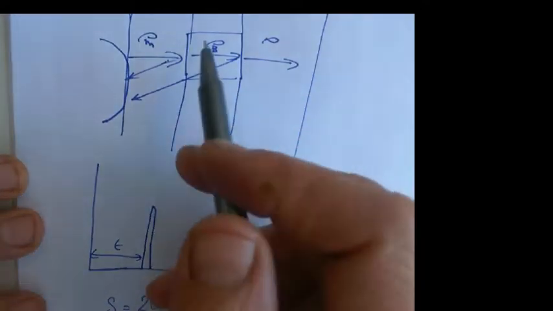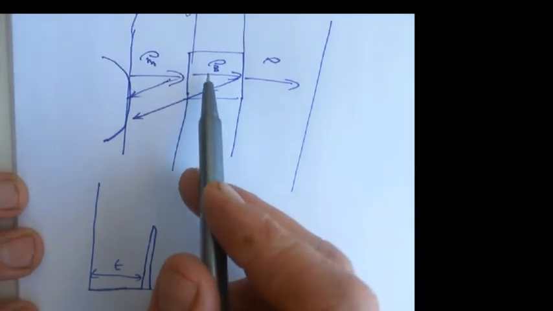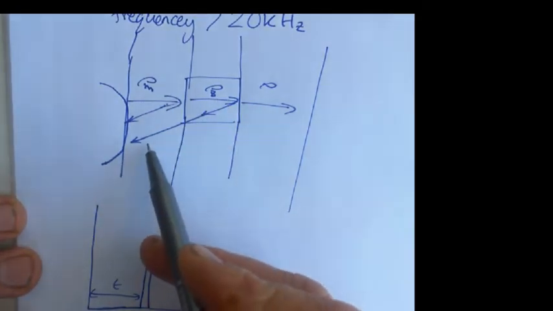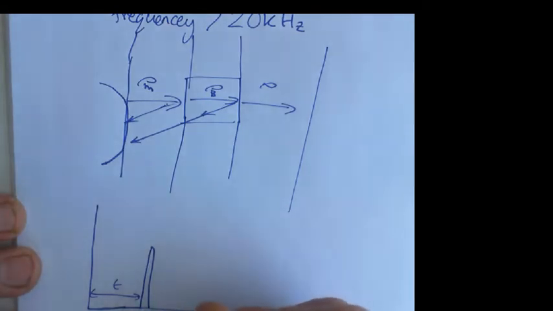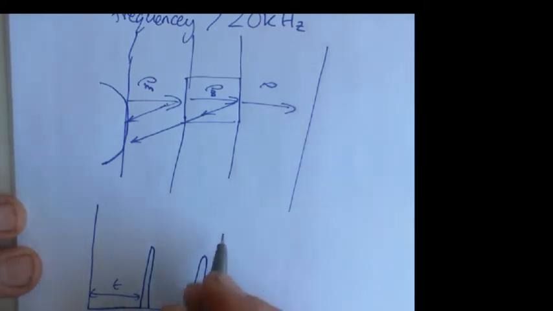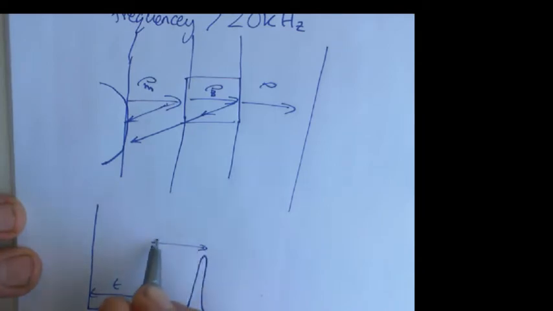Some of that wave will continue in the bone and then get reflected back from the bone. So you're going to get another peak. That would tell you the time that it took the wave.